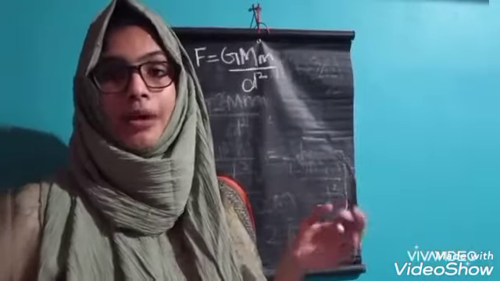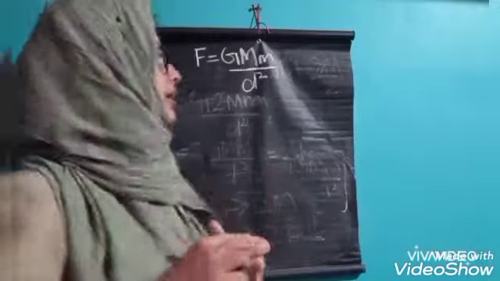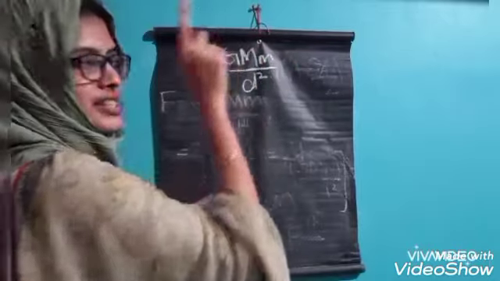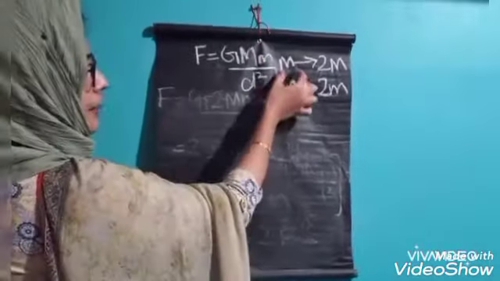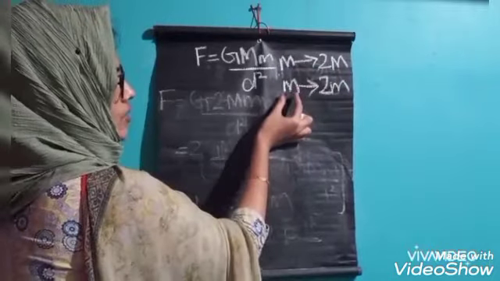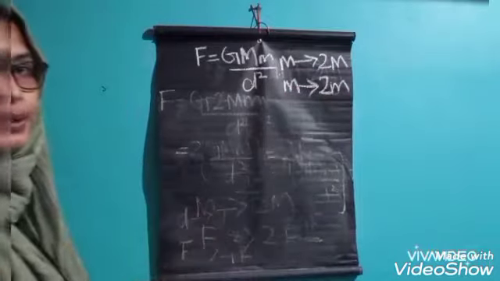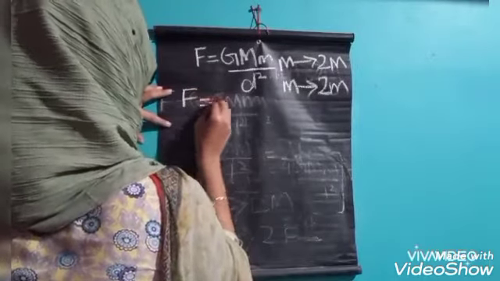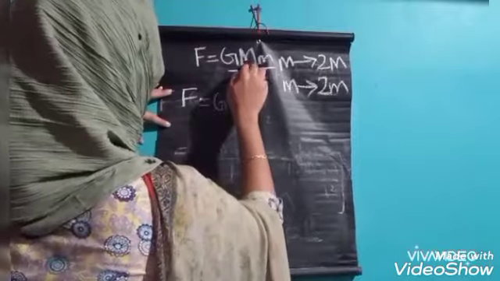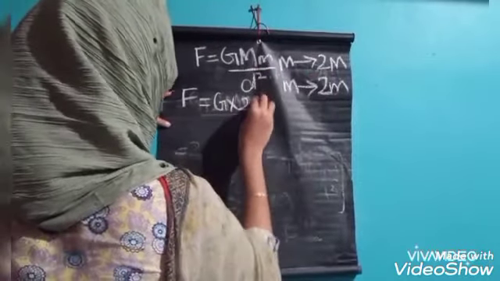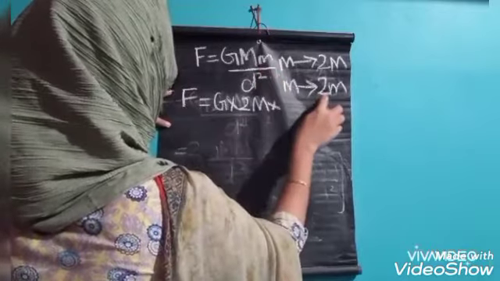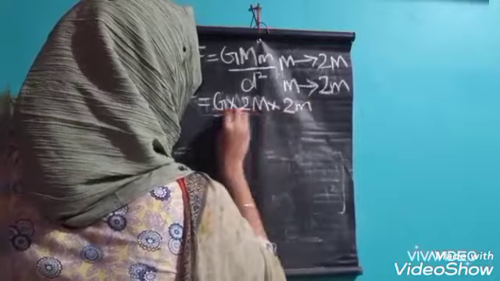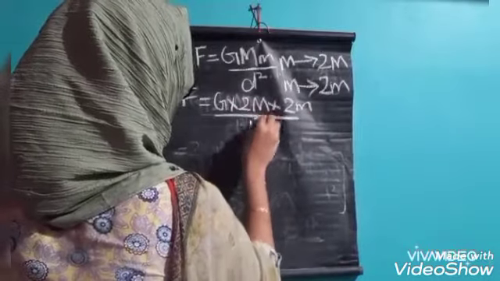Then the next question is when the mass of both objects is doubled. Here the mass of one object is doubled and the other object is also doubled. Capital M becomes 2M and small m also becomes 2m. So we can write the equation as F is equal to G into 2M into 2m, all divided by D square, which is the same.